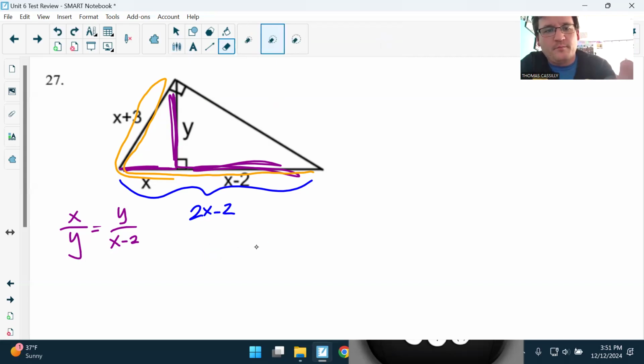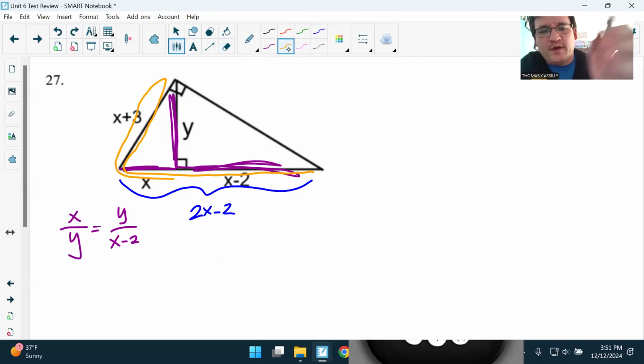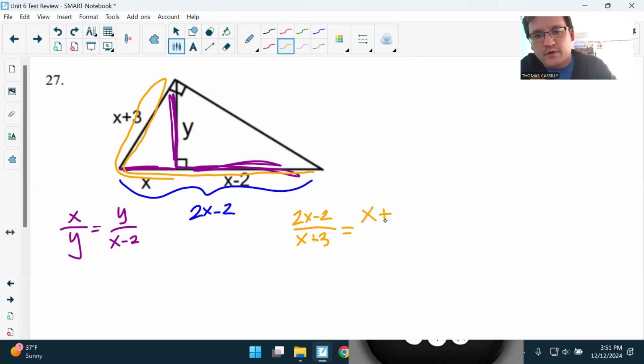So following that flight path, we get 2x minus 2 all over x plus 3, and that is going to be equal to, oh man, I did it. This is going to be a factoring problem. X plus 3 over x. Actually, yeah, it will be. Sorry about that.